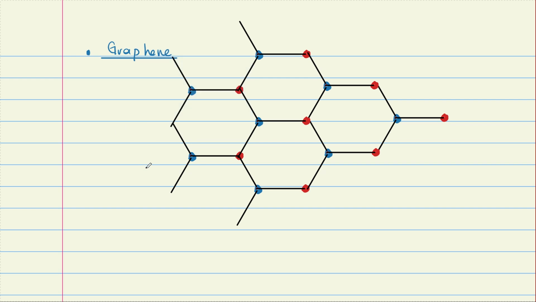Something like that. So I want to consider these nearest neighbor vectors. This one, let me call delta 1, this one delta 2, this one delta 3.